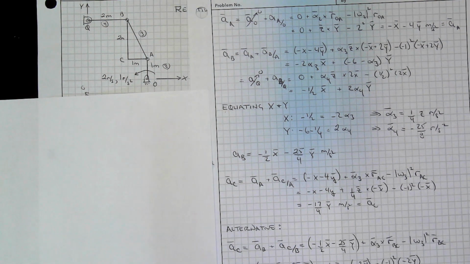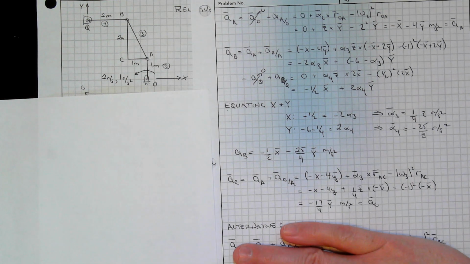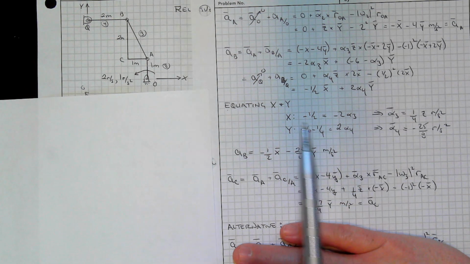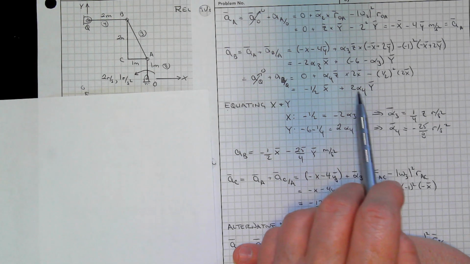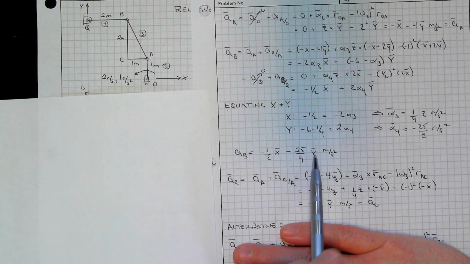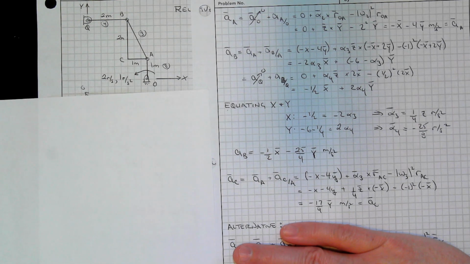And so here's the acceleration at B. We just take these terms, stick them up into there. So alpha 4 is 25 on 8. So if we multiply by 2, we get minus 1 half x minus 25 over 4 and an ugly y, meters per second squared.